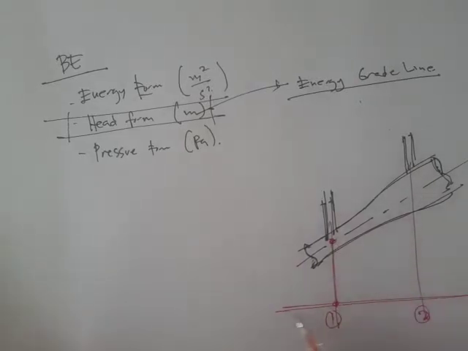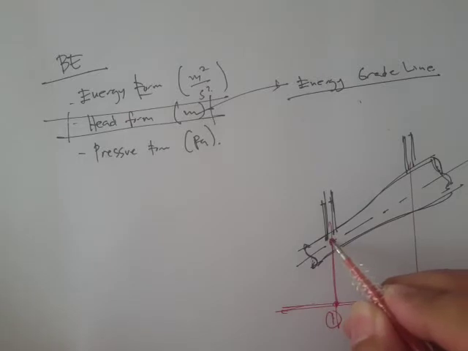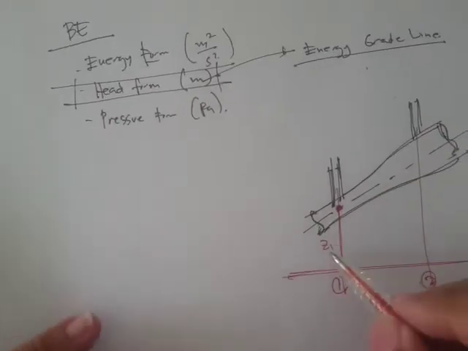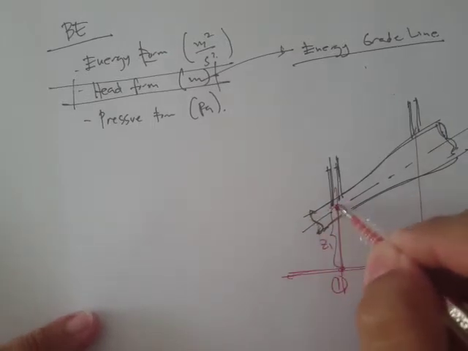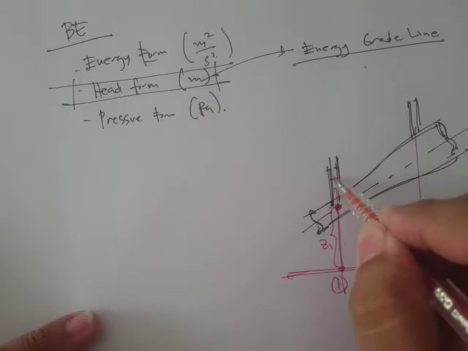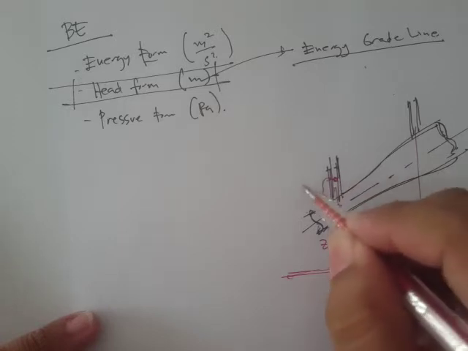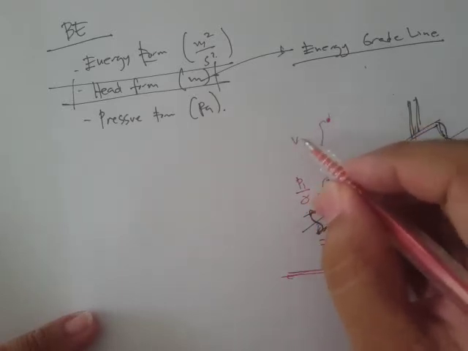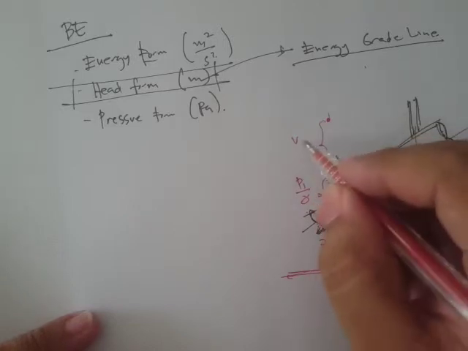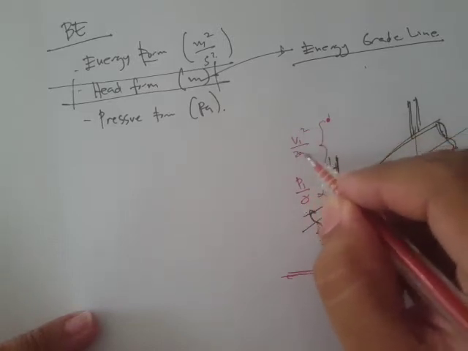The distance from the reference datum to the center line is what we call our elevation head. Then from this point to the rise of the fluid in the piezometer, that's our pressure head. And then to some arbitrary point, that's going to be our velocity head, v1 squared all over 2g.